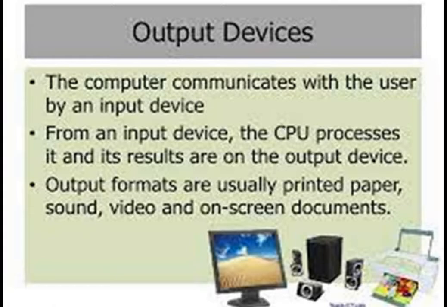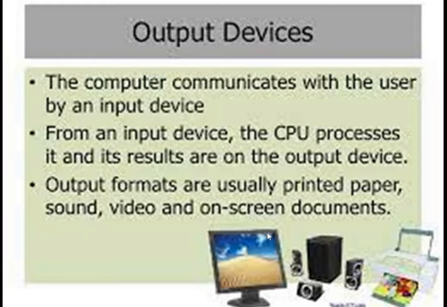Any hardware component that shows you the final result is called the output device. The computer communicates with the user by an input device. From an input device, the CPU processes it and its results are shown on the output device.